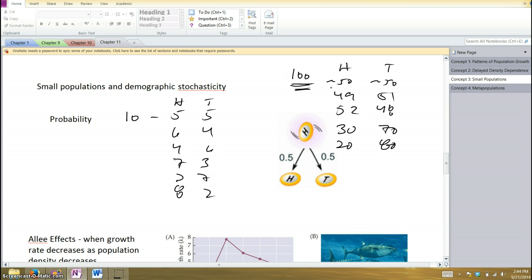And so this is analogous to what's going on in small populations and this idea of demographic stochasticity. That is, when you have small populations, relatively random changes in things can cause great fluctuations in that population, as opposed to a larger population where those random effects have less of an effect on the population and its growth.